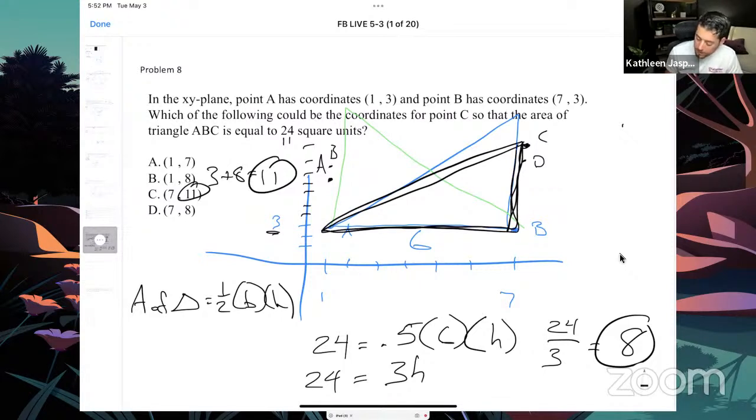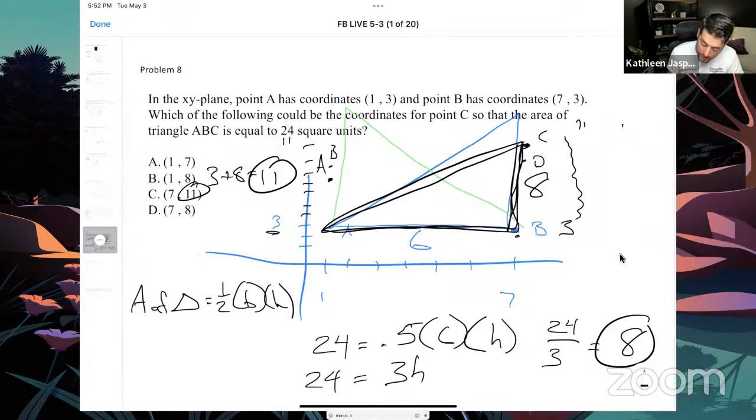Okay. You got to find out that this is 6, and you have to find out that this is 8. And if I put a coordinate here, and I add 8 to it, and I'm starting at 3, I'll go 1, 2, 3, 4, 5, 6, 7, 8, all the way up to 11.